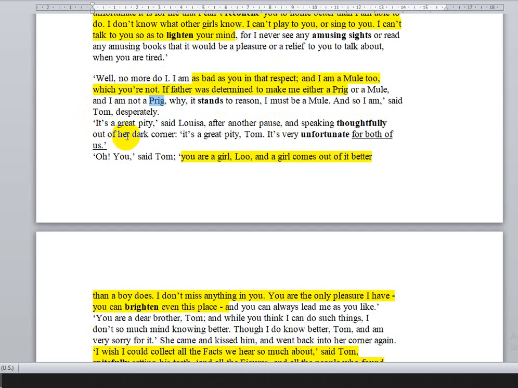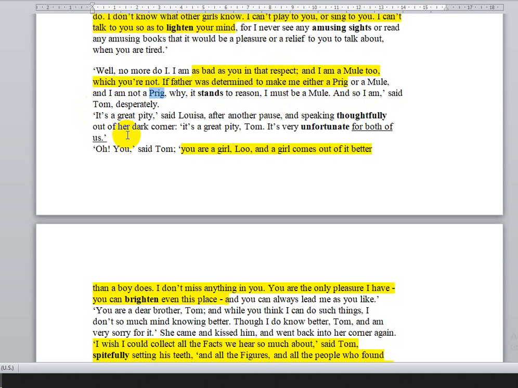So Tom always describes himself as a donkey or a mule. If you have an idea about these animals, they just obey the orders. When you tell the donkey to move this way, it moves this way, and it does not change, and it does not resist. So they just accept what they are told.